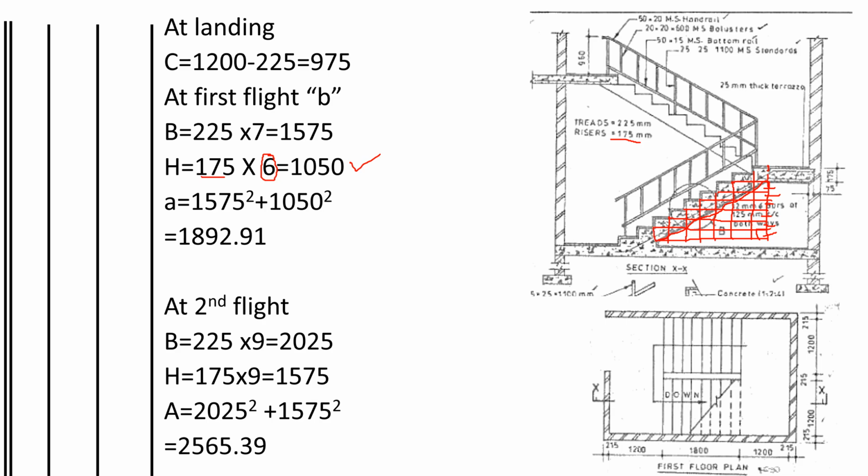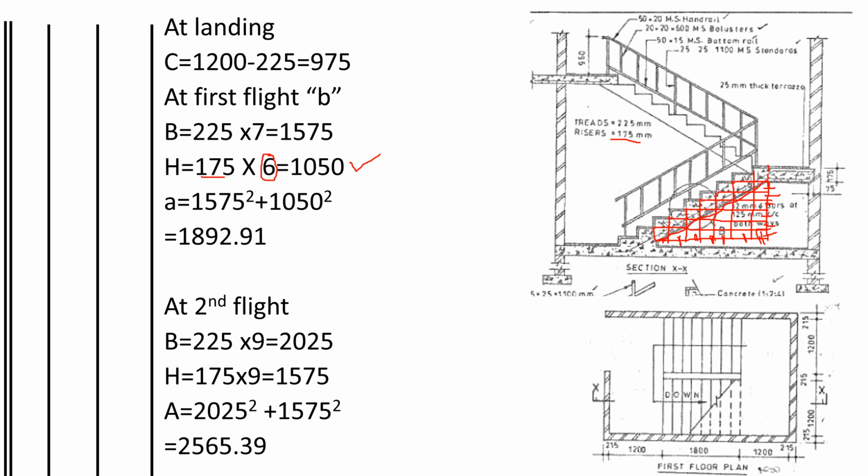So, what is the base of that triangle? It's made up of 1, 2, 3, 4, 5, 6, 7. 7 treads will make up the base of that triangle. Let's count again. We have 1, 2, 3, 4, 5, 6, 7.